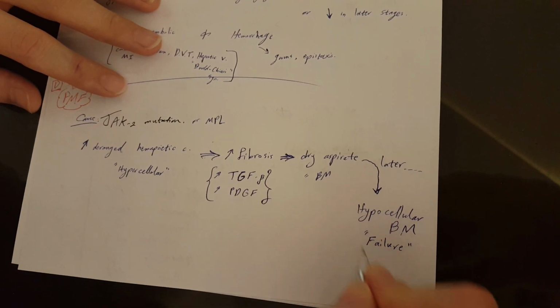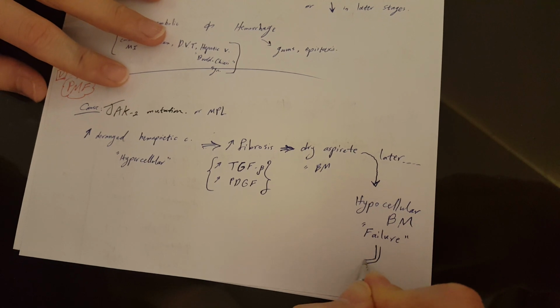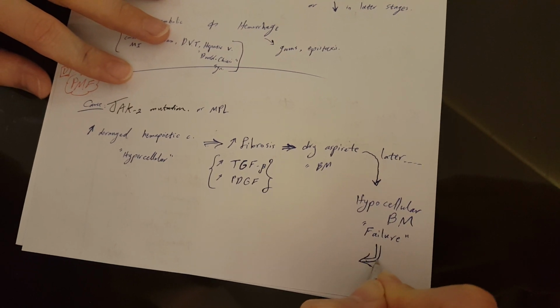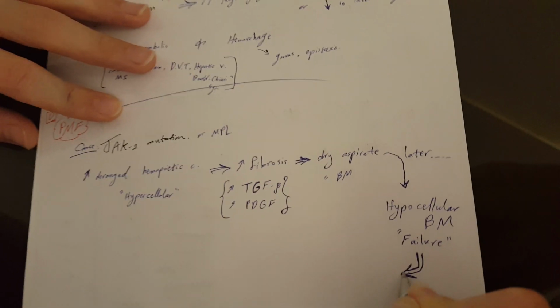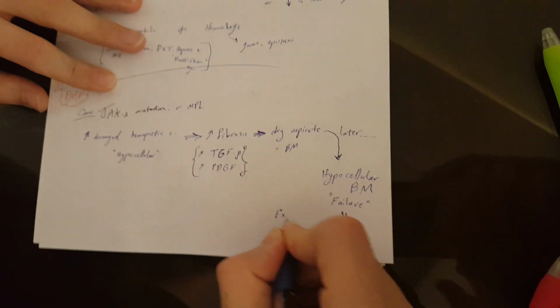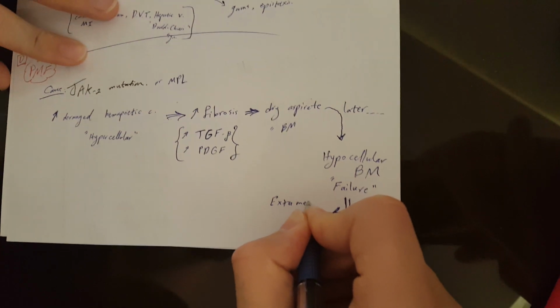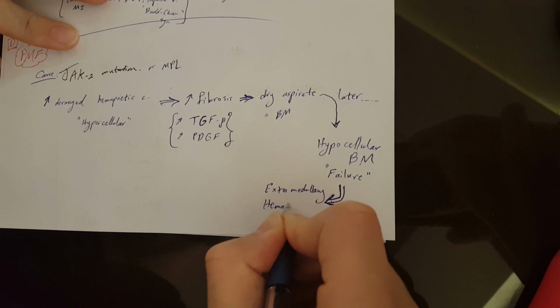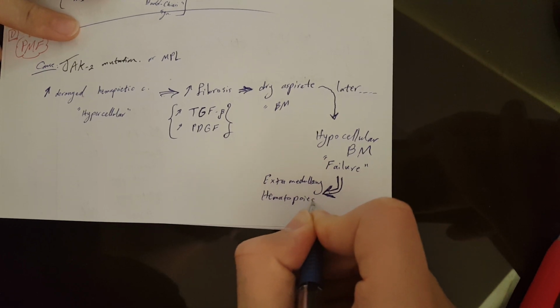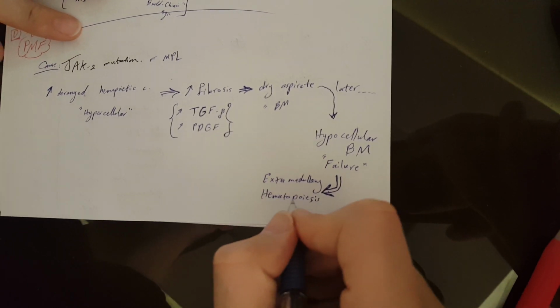And at this stage, what happens? The bone marrow is not functioning. Where do we get our red blood cells and white blood cells from? We will get extramedullary hematopoiesis. Okay? So splenomegaly, hepatomegaly, and all of these things.